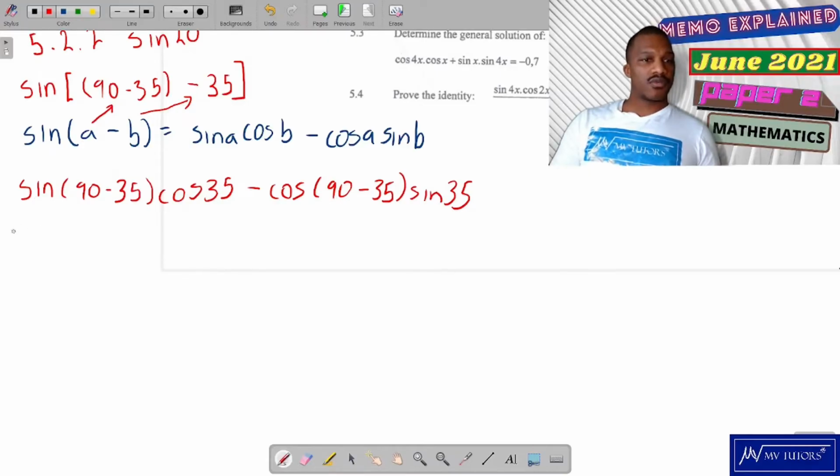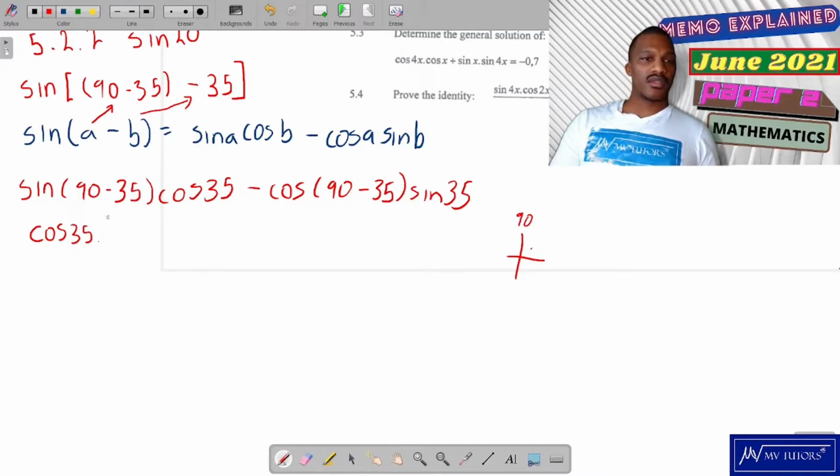All right, so what is sine 90 minus 35? If you remember, let me just give it to you. 90 is over here, okay? And if you say 90 minus 35, it brings you in this quadrant. In this quadrant, sine is actually positive, and a 90 changes a sine into a cos. So then you'll have a positive cos 35.